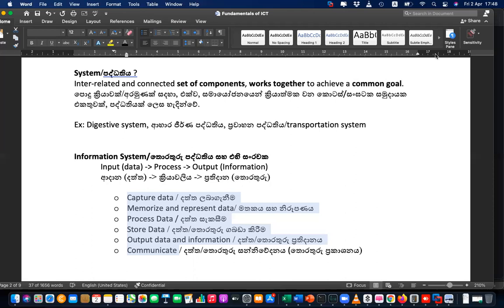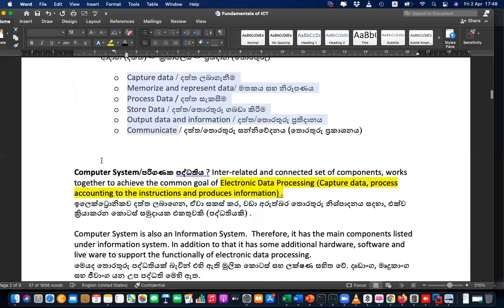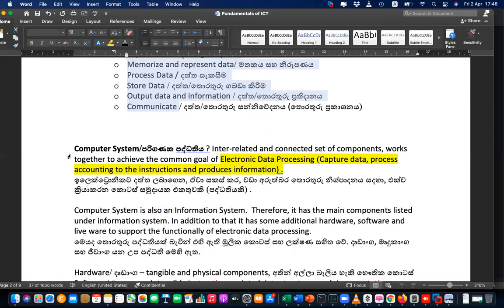So the grandfather is the system. That is the root. From system, you get information system. It has several tasks. And from the information system, you get the computer system. That also has interrelated components, a set of components working together to achieve the common goal of, it's very important, electronic data processing. That is the common goal of the computer system.